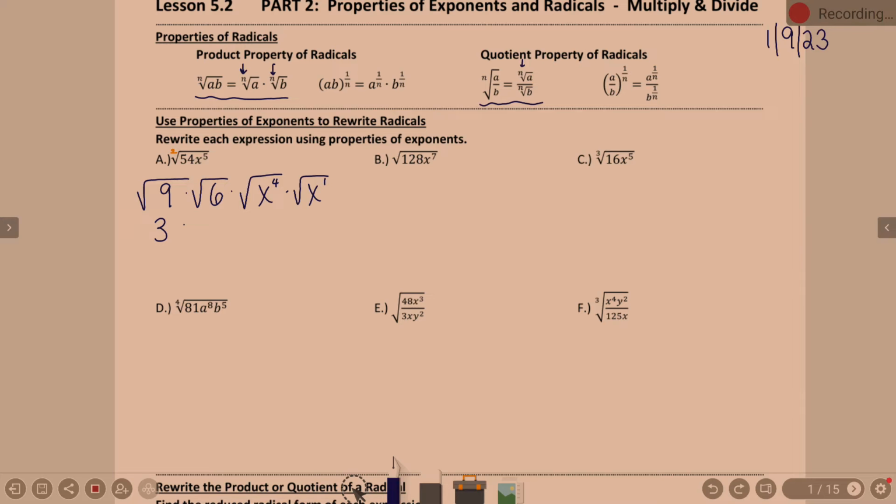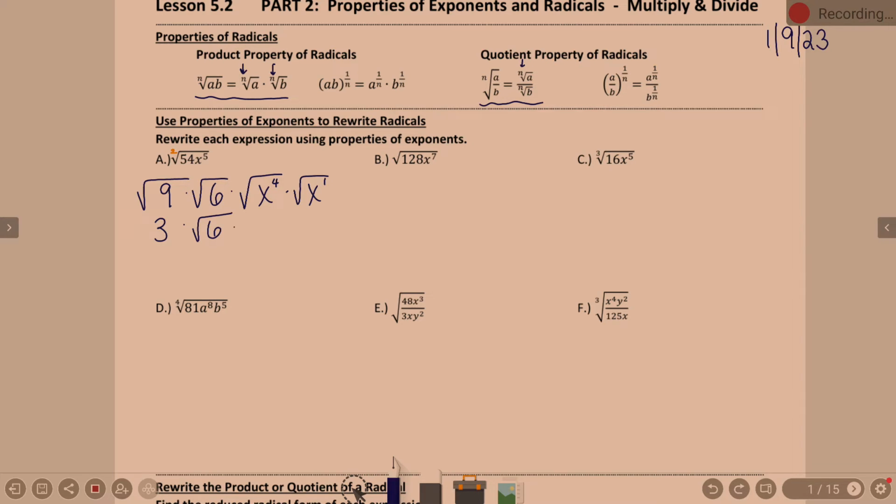But the only thing that 6 divides by is 2 times 3, and neither 2 nor 3 is a perfect square. So square root of 6 is going to stay square root of 6. Aaron's calculator in this one is either going to tell him square root of 6 or it's going to go to decimal form. It's not going to give me an answer like it did earlier.